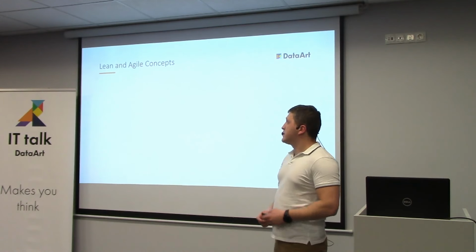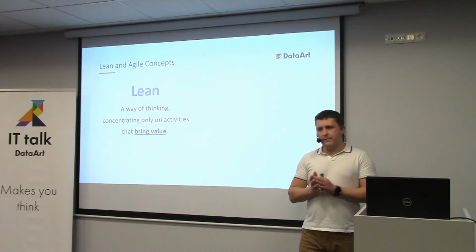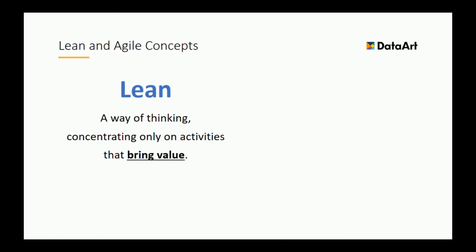Now, I will first say a couple of words about lean. Lean itself is a huge topic that deserves a separate several-day conference, I would say. Obviously, we don't have time for that, but I will say that lean is a product of Toyota Corporation.